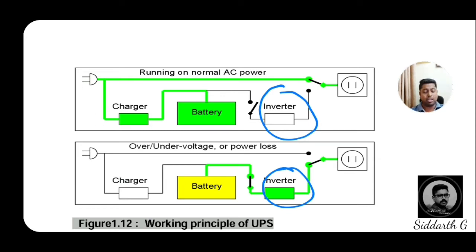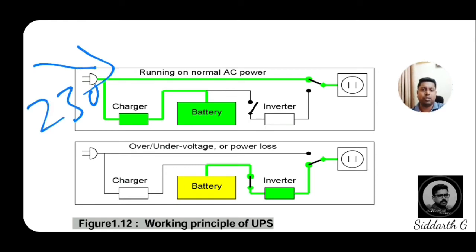But if a UPS supports online operation, that means it has an inverter, and that type of UPS is called an online UPS. Inverter means we have one more technology here, and I will show you that exact technology. In this picture, a normal AC power, 230 volts, is coming.